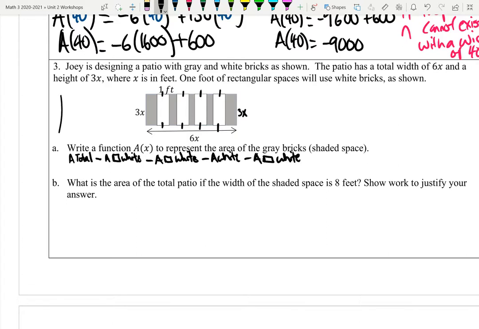Essentially, we're taking the full thing and subtracting that region, that region, that region, and so on.